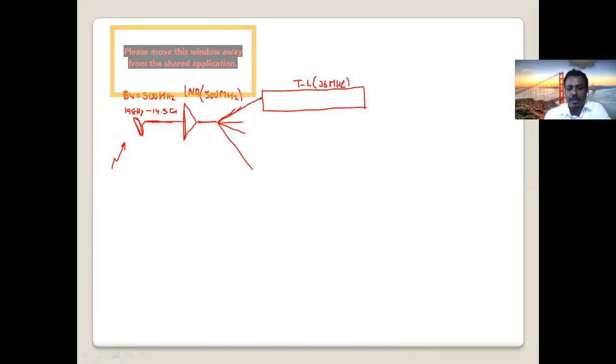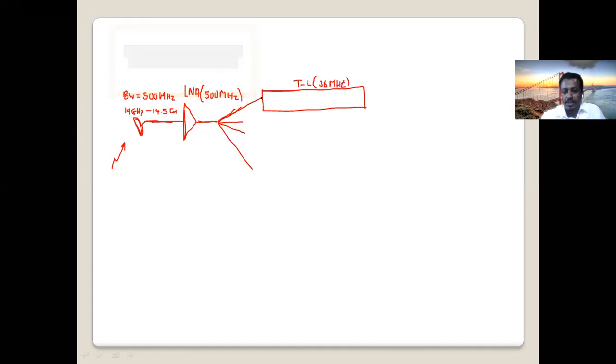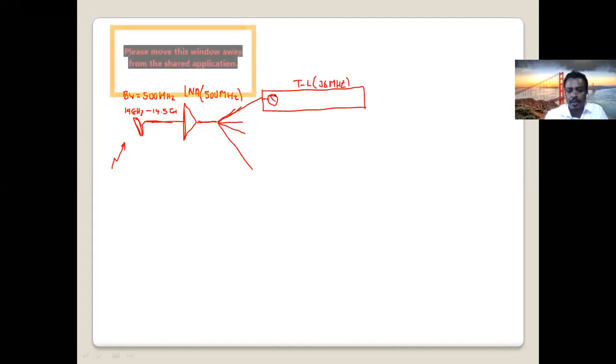Now, what is inside the transponder? When you say transponder, it's a series of components. The first device you will find is a mixer, which converts the incoming high frequency uplink to the downlink frequency.